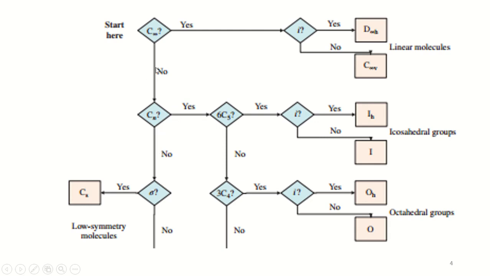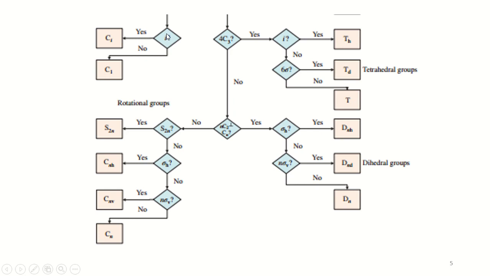We can say there is only identity and sigma, identity with sigma, the point group is Cs. And if there is only identity in the molecule, we have to write C1, only identity is present, and the rest of the symmetry operations and elements are not found.